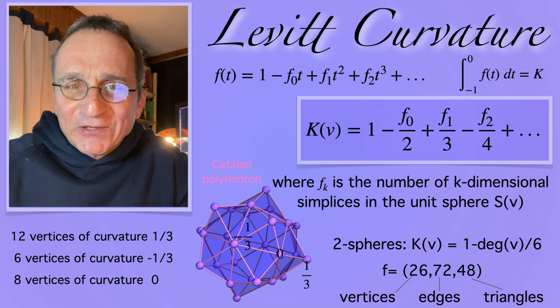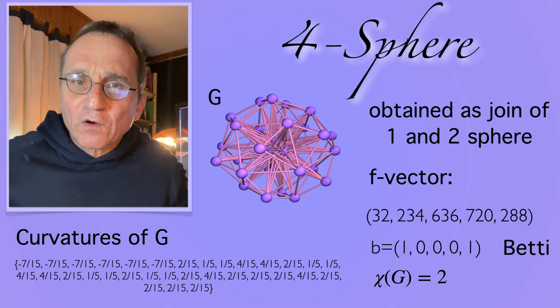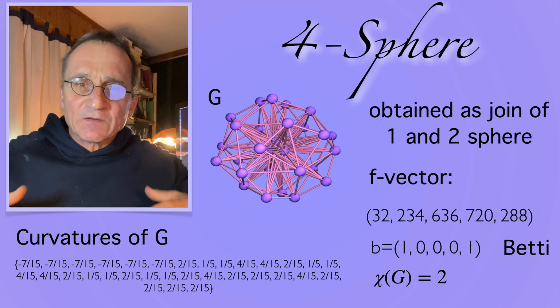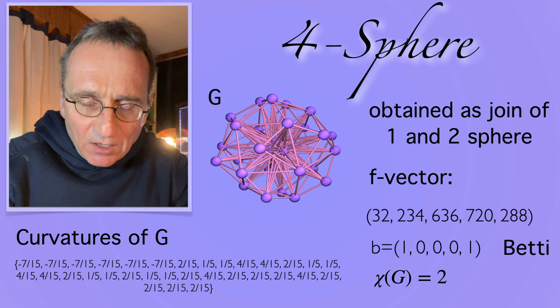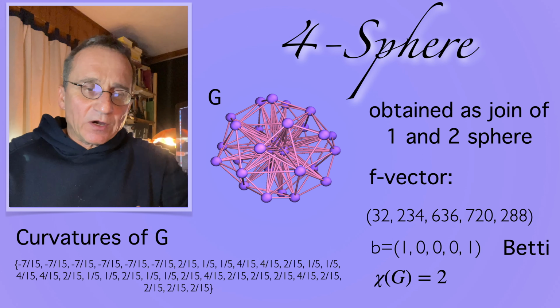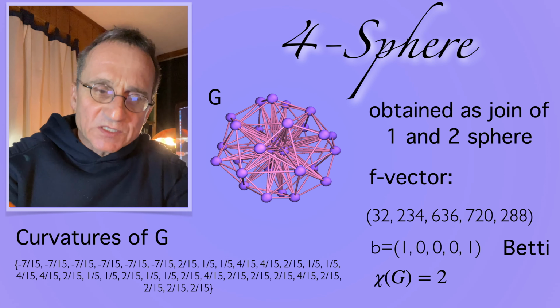But it doesn't stop with 2 dimensions. It's arbitrary dimensional. For a four sphere, for example, the Euler characteristic is 2, since every even-dimensional sphere has Euler characteristic 2. I generated this sphere as a join of a 1 sphere and a 2 sphere.